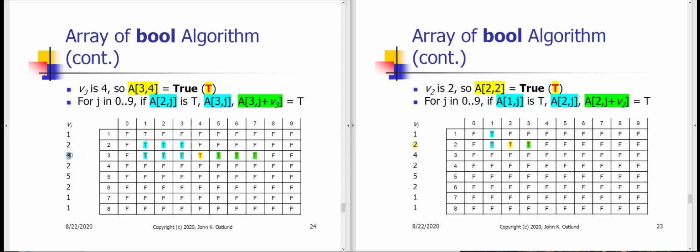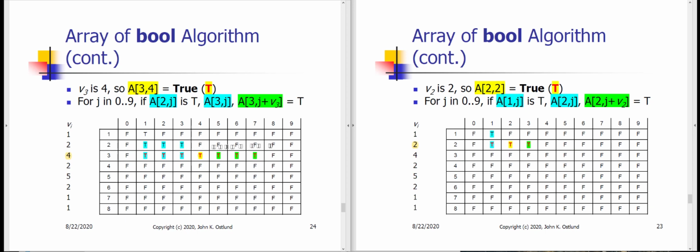Then moving on, now our current item value is 4, so clearly we can achieve a 4. But we can also still achieve all of the values that we could achieve not using the 4. And furthermore, we can achieve values using the 4 in combination with the previous values.